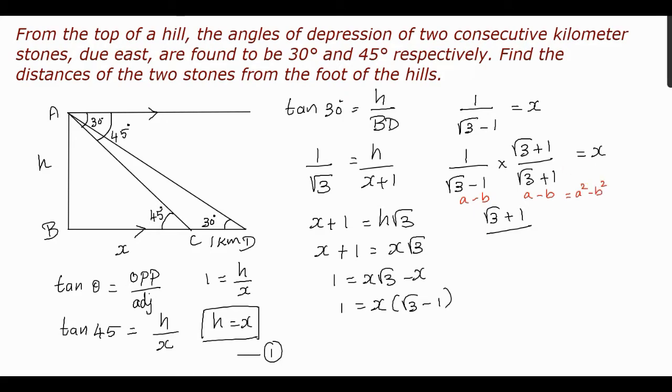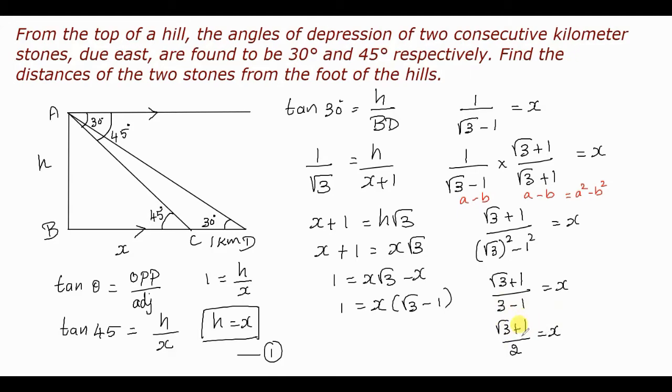We know this algebraic identity we learnt in the lower classes. So applying the formula, root 3 squared minus 1 squared. Further simplifying, root 3 plus 1 divided by 3 minus 1, which is 2, equal to x.